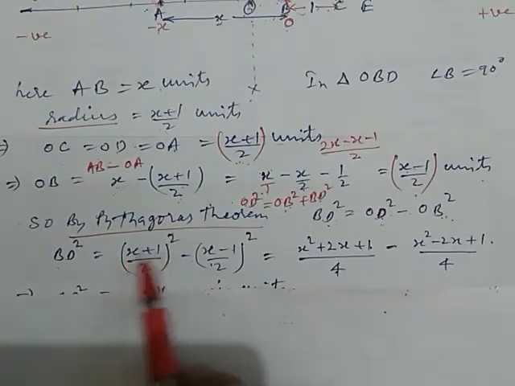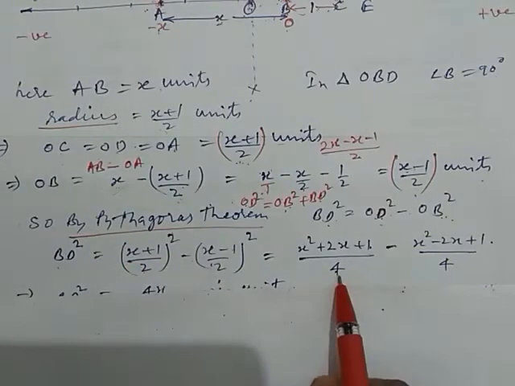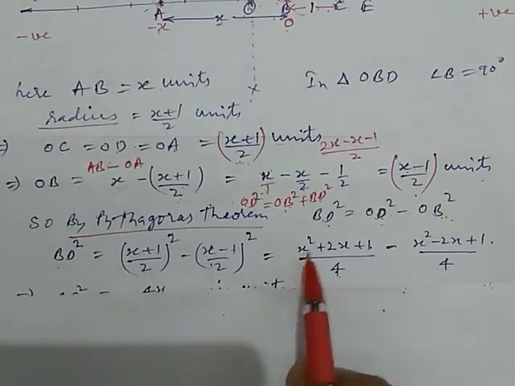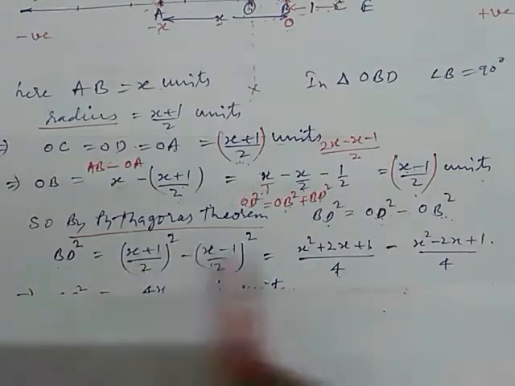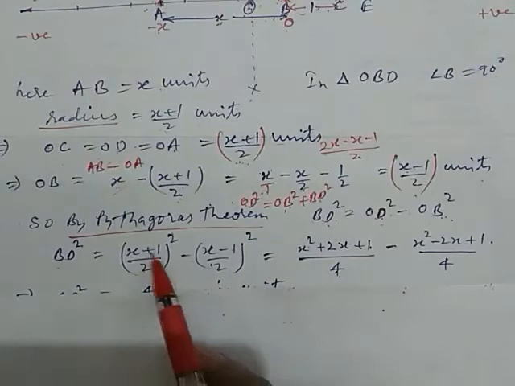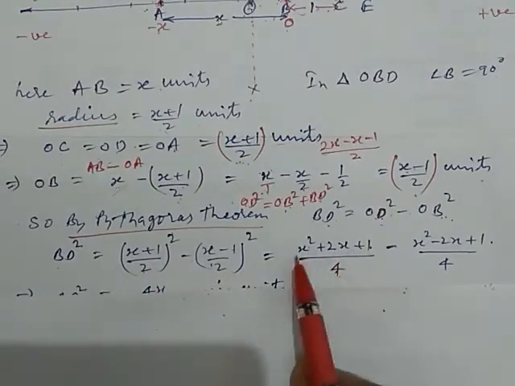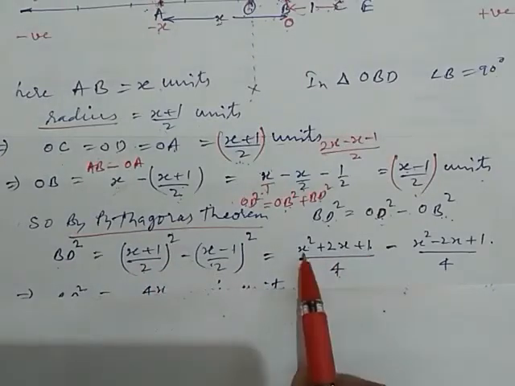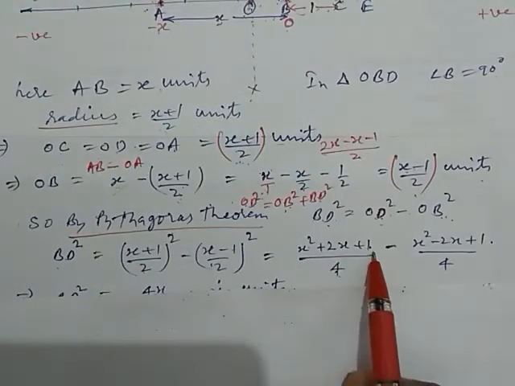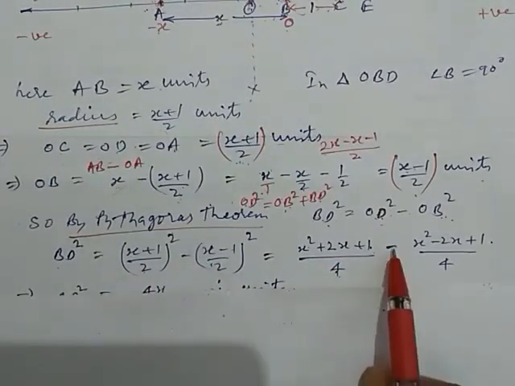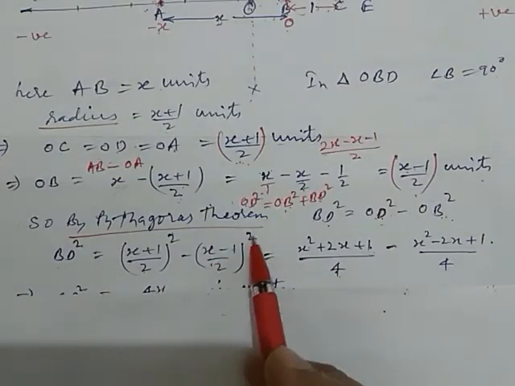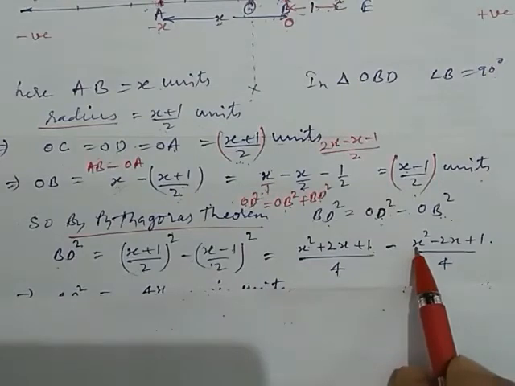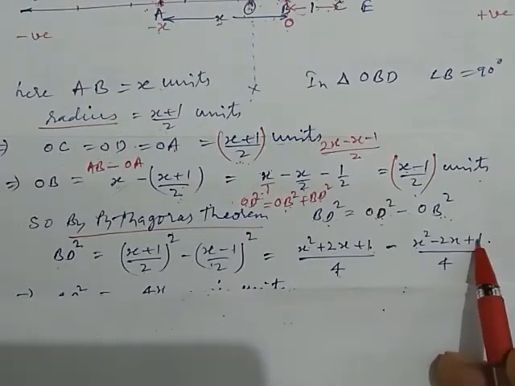When we open this, the square of 2 becomes 4, and (x plus 1) square, by the formula of (a plus b) whole square, we get x square plus 2x plus 1. Now this is minus here, and (x minus 1) whole square, when we open it, we get x square minus 2x plus 1.